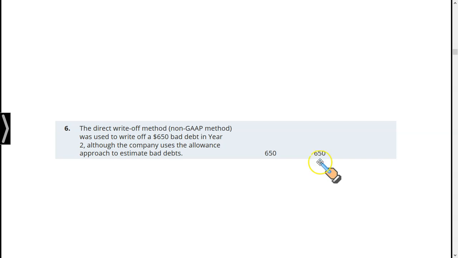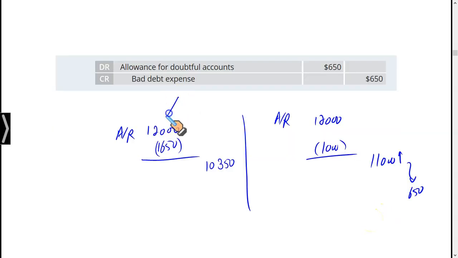This is interesting. As you just saw, allowance for doubtful accounts was being debited. This debit would reduce the balance available in the allowance, and since the allowance is shown as a reduction from your gross receivable, your net current assets would increase. That's a little interesting concept. Let me explain with the help of some numbers. This is the original situation where we simply wrote off the customer by debiting the bad debt expense and crediting the accounts receivable.